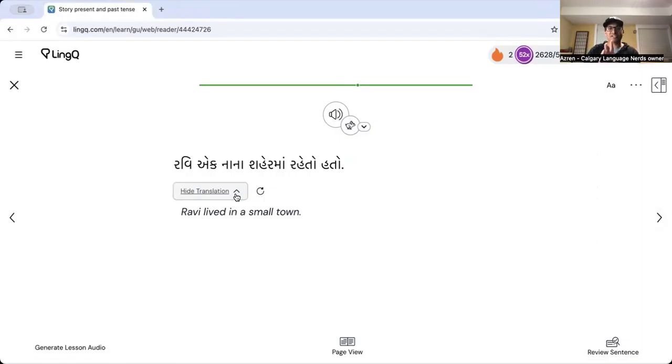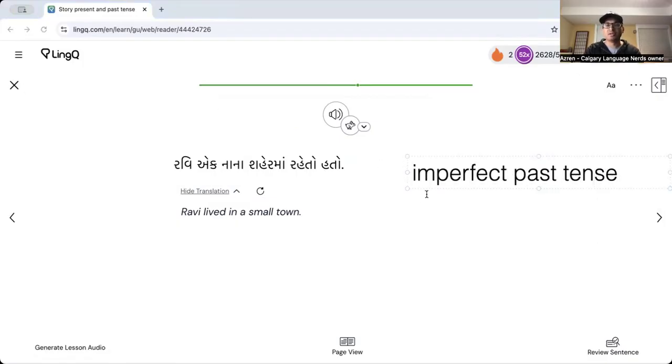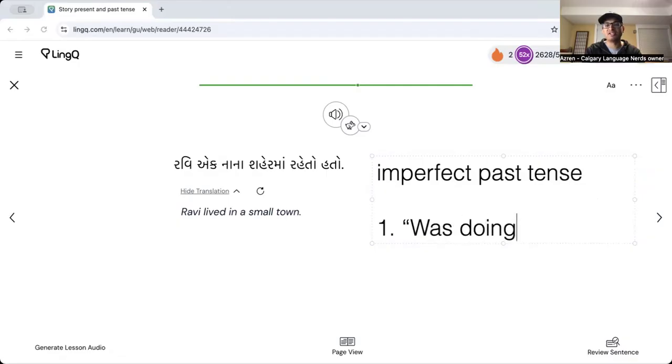Now, what I want to point out about this entire text is that the entirety of the text that I'm reading to you is in the imperfect past tense. So the imperfect past tense, as a recap, is for things that were ongoing, like was doing.